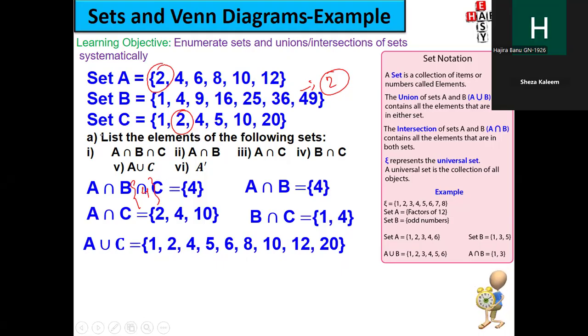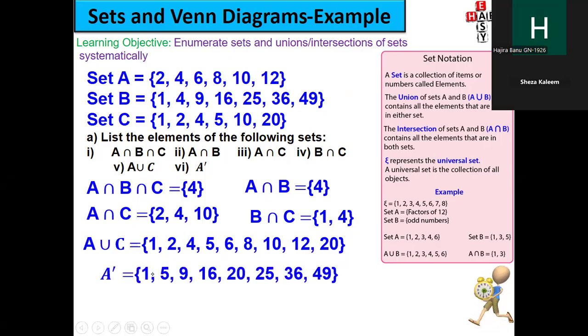Now A complement. What will be your A complement? A complement will be 1, 5, 9, 16, 20, 25, 36, 49.